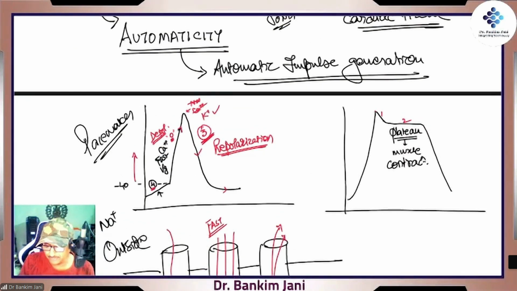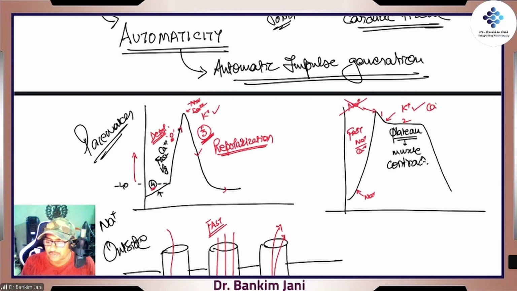So in this case, here is the sodium. This is fast sodium and calcium. At the peak, the sodium channel stops. Calcium is still there, but because the sodium has stopped, it will come down slightly. And then at this junction, the potassium channel is open.